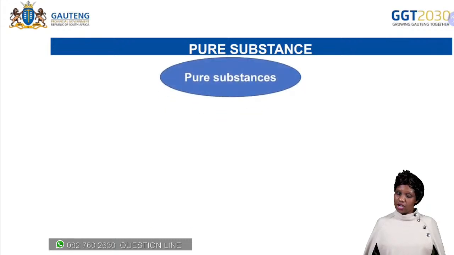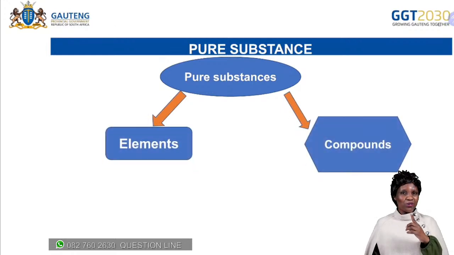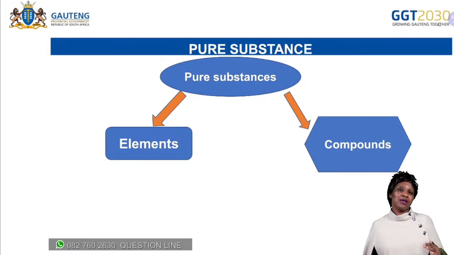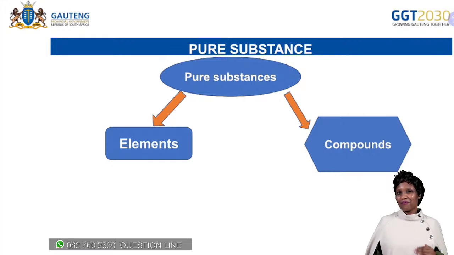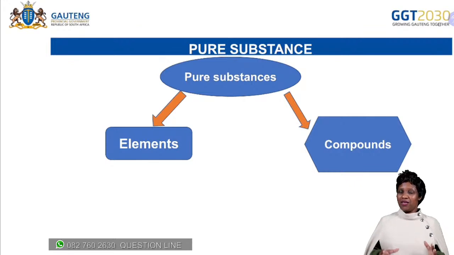We are still on pure substances. And then we've got different elements. Remember, we said we've got different elements, and these are arranged in a scientific sequence on the periodic table of elements. All the known elements that we have, they've been put in the periodic table of elements.